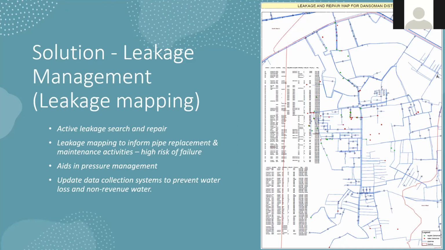So we adopt a more proactive approach where we go out to look out for these leakages. And then once you find a leakage, you are required to map it, first of all. And secondly, if this leakage is something that can be easily repaired there and then, we do it. Otherwise, you would have to get back and then what?